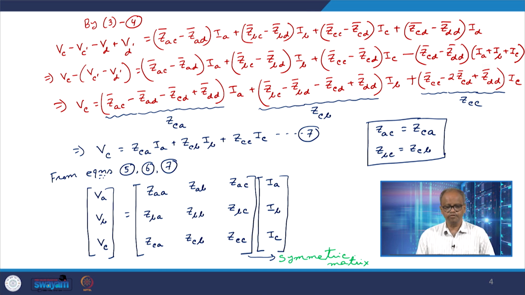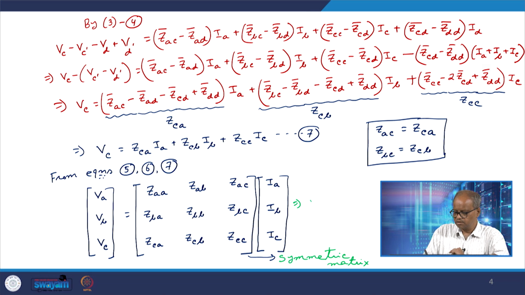Right. So, then therefore, what happens is that this three phase line in the presence of ground can be represented by a simple voltage current relation, where these voltages are given by a vector VA, VB, VC, and the three phase currents are given by a vector IA, IB, IC, and the relation between V vector and the I vector is given by a Z matrix, impedance matrix, and that matrix is a symmetric matrix.